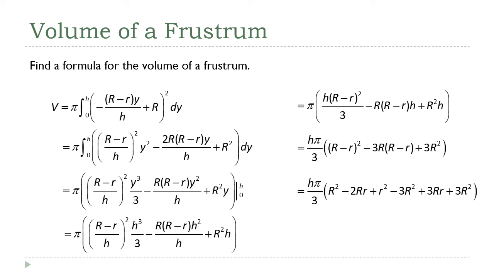Those are like terms that I can combine. And if you do that, all that's left is this: h pi over 3 times lower radius squared plus the product of the radii plus the upper, or the smaller, radius squared. And that's our formula. That's the formula for the volume of a frustum.